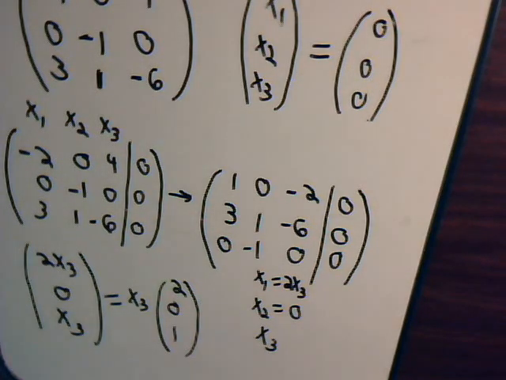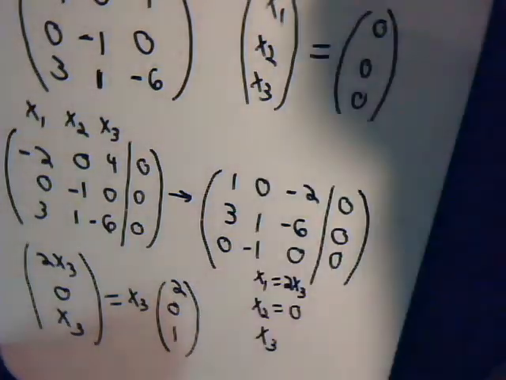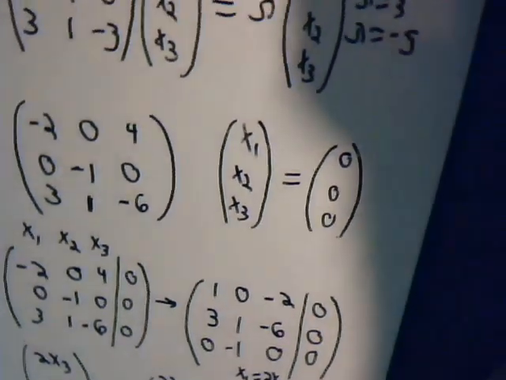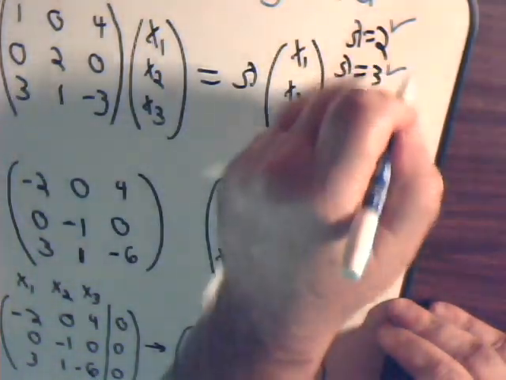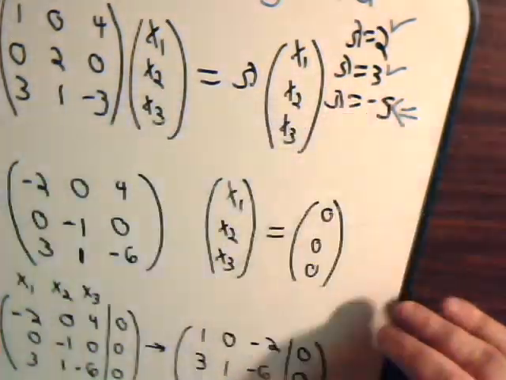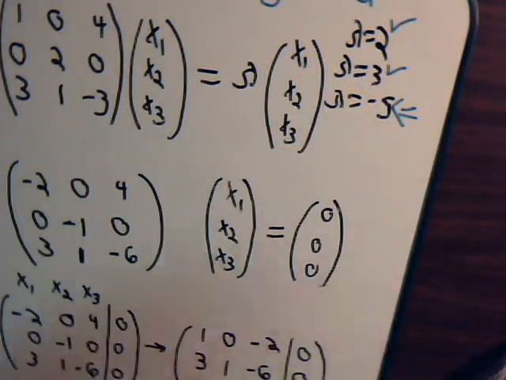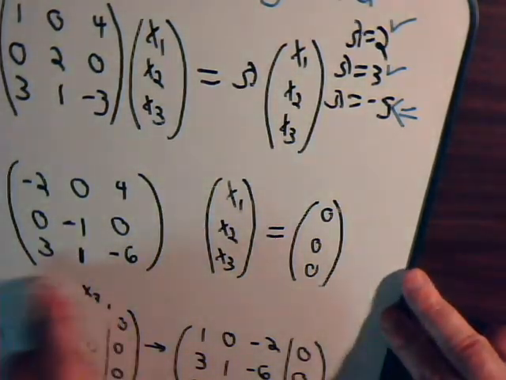And for that, we have lambda equals -5. So what we have to do is the same procedure as we've been doing all along. First we can erase this stuff.